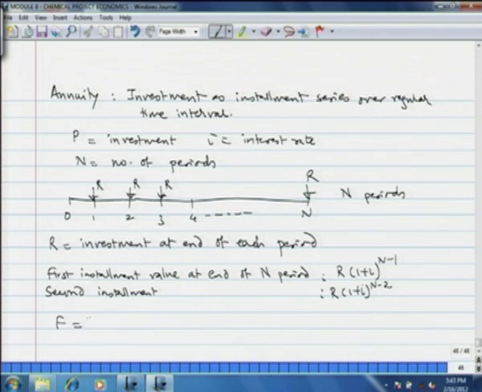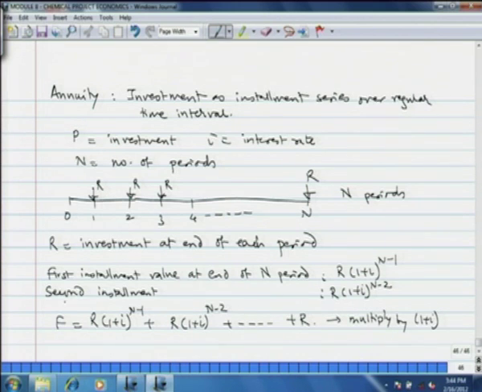So, F, the total amount that is accrued in the bank, now what you can do is multiply this series by 1 plus i and then subtract from this. So, F into (1 plus i) is equal to R into (1 plus i) to the power n plus R into (1 plus i) to the power n minus 1 plus so on.